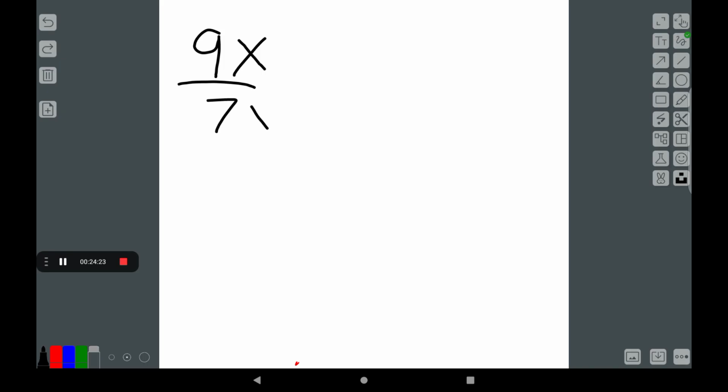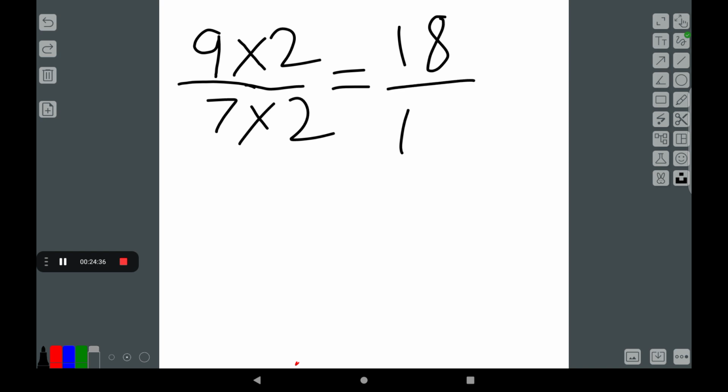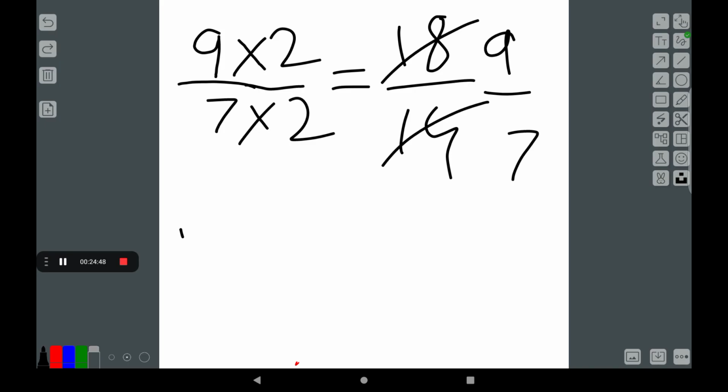Multiply the number, mostly multiply it with 2 or any number, and the number you multiply with the numerator, the same number you have to multiply with the denominator. What is the answer? 18 upon 14. Can it be simplified? Yes, it can. And if we simplify it, it will come back to its original form, 9 upon 7.